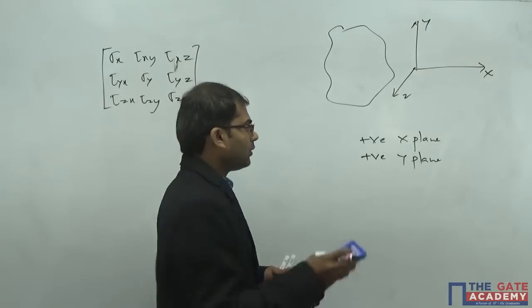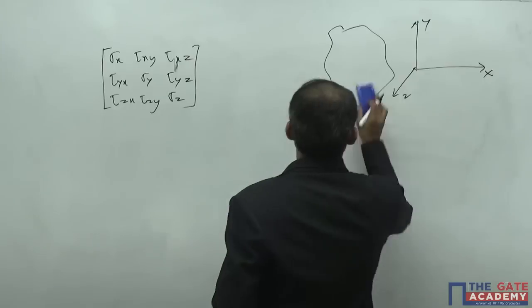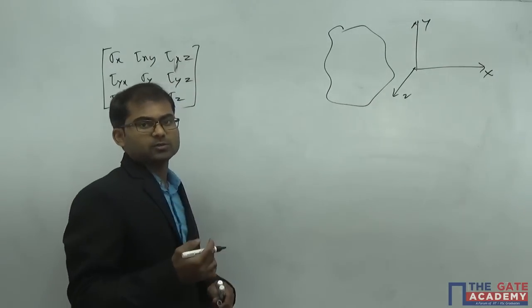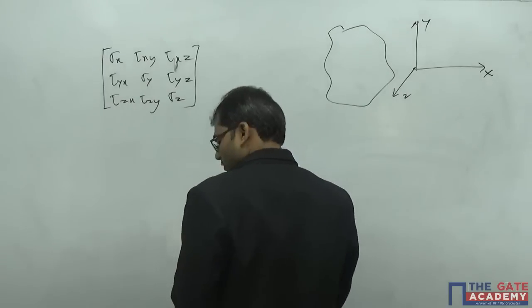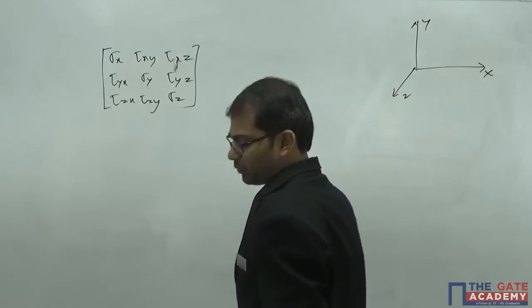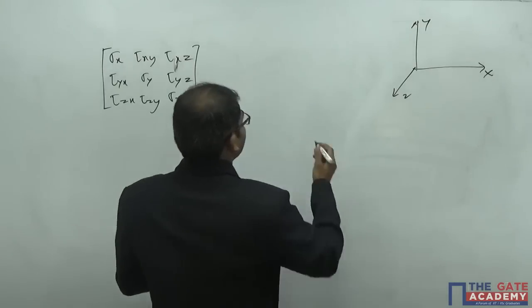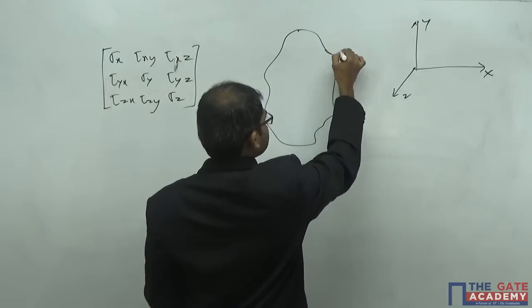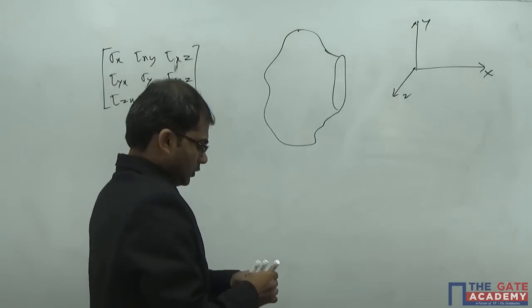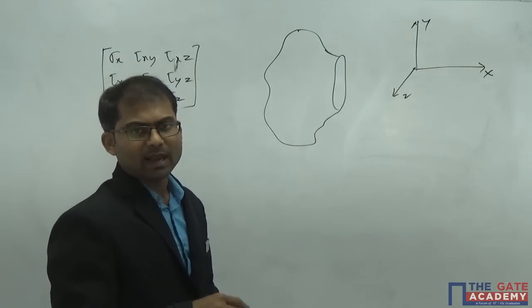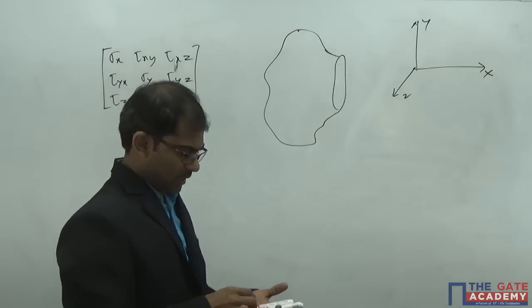Now you're going to slice off this 3-dimensional body using the positive x plane. When you slice off using the positive x plane, you'll get a cut like this, and one plane will be exposed, having a normal along the x-axis. If you take down the resolution of the forces acting on that plane and the corresponding stresses, they would come like this.